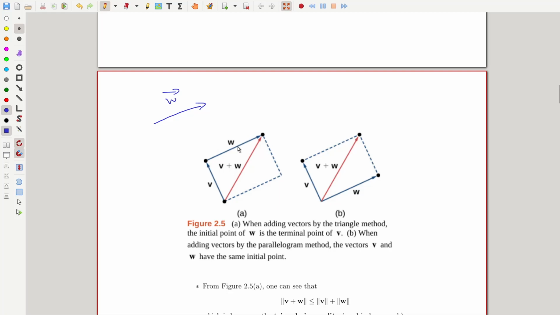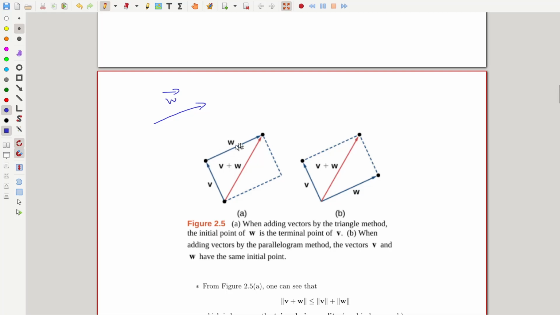When you add, the procedure for adding two vectors under the triangle method is that you line them up tip to tail. Okay, so you can see that, or head to tail. So the head of vector v, the tip of it, if you slide the tail of w to meet the head of v, then you end up getting this composite path, right?